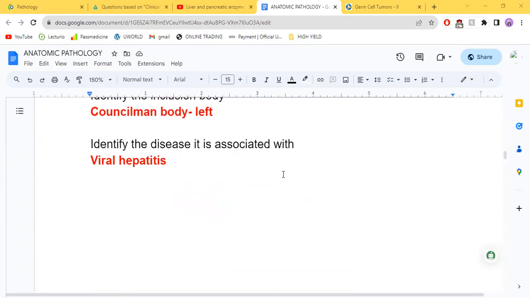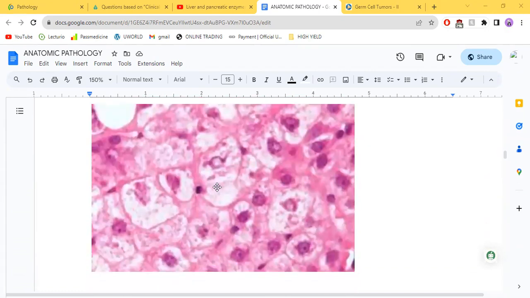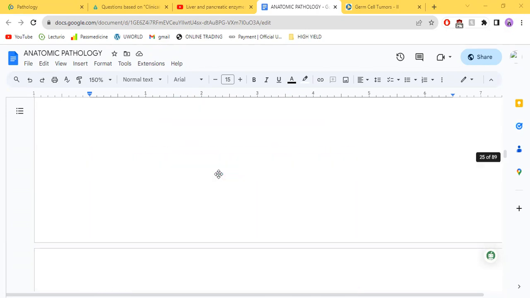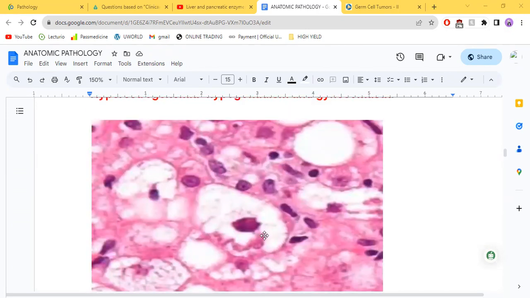Someone has asked us to point at the bodies. The bodies are those blackish appearing things inside those cells. They're tangles of intermediate filaments that are visible as eosinophilic inclusions in the cytoplasm.